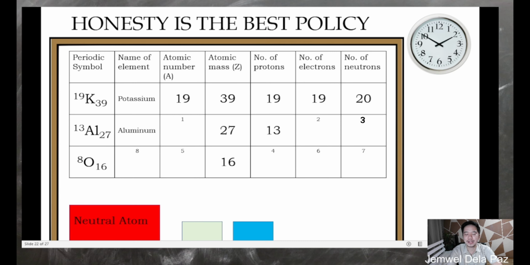Please help me answer sample number 2. 13Al27. The element is aluminum. Based on the given notation, we have to determine the atomic number, number of electrons, and number of neutrons. What is the atomic number of the given element?